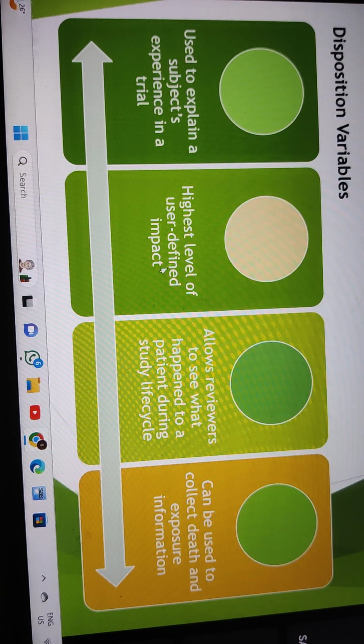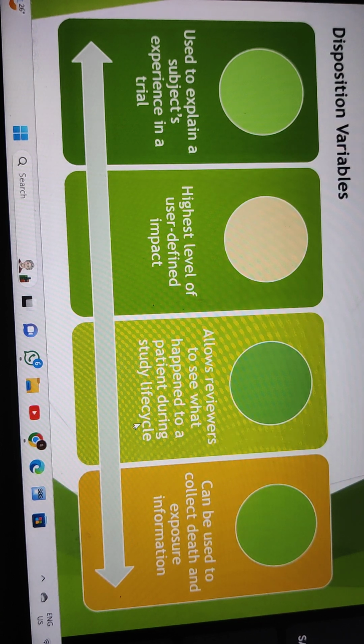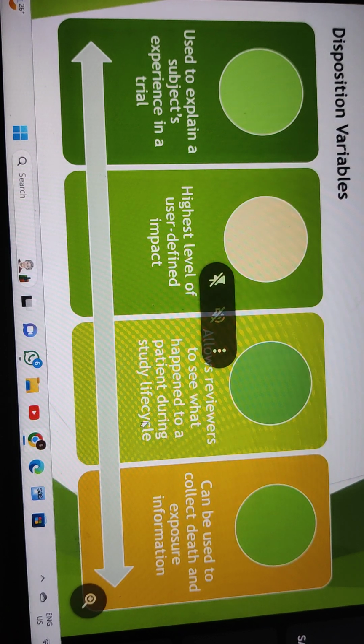It is the highest level of user defined impact. Obviously, from the start to the end it will show the particular subject's journey and experience. It allows reviewers to see what happened to a patient during the study life cycle. Who are the reviewers? They are from the regulatory authority bodies, to see how the trial went.